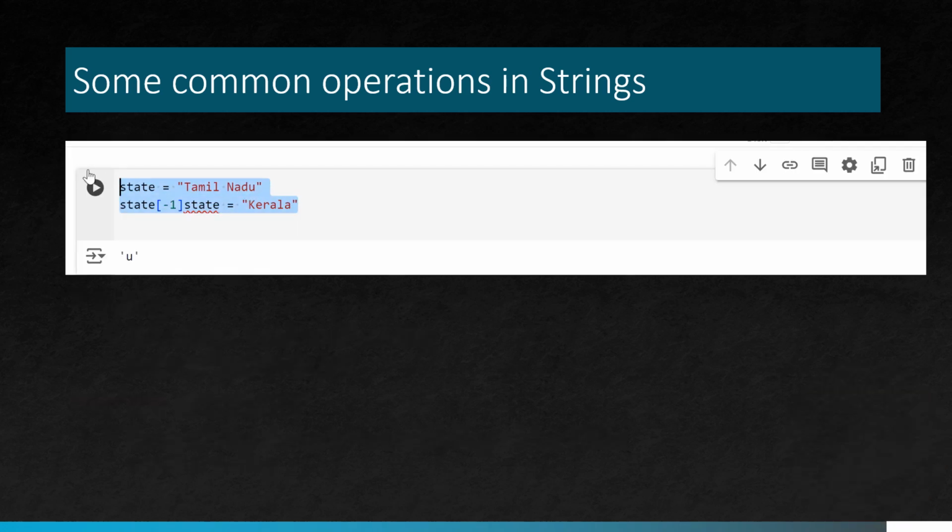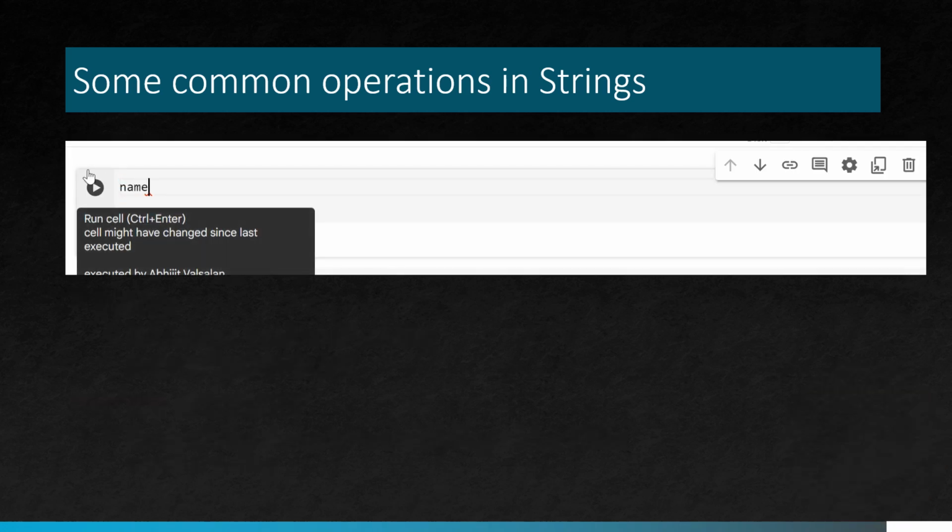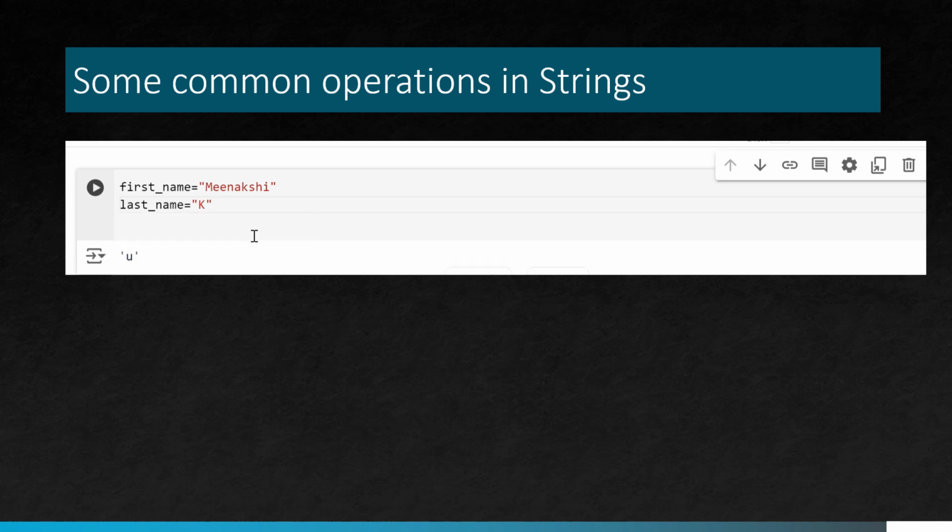I am declaring a string variable called first underscore name, and I am giving a value of Meenakshi to this first name. Then I am declaring last underscore name and I am giving the value of K to this.